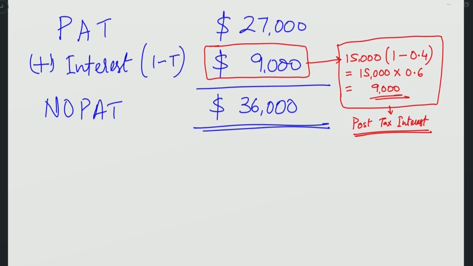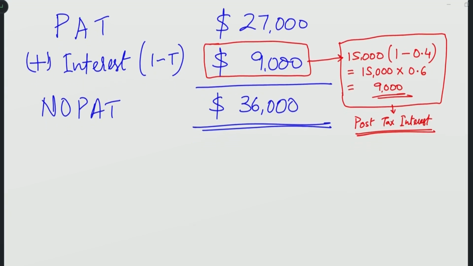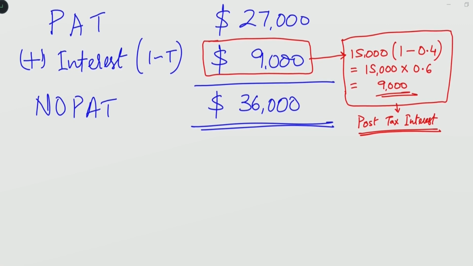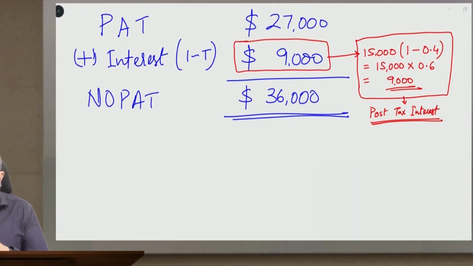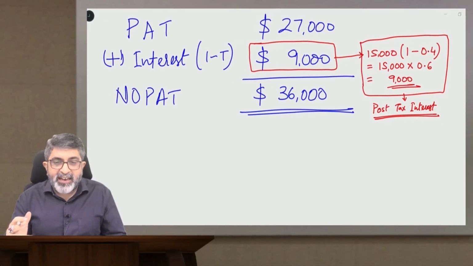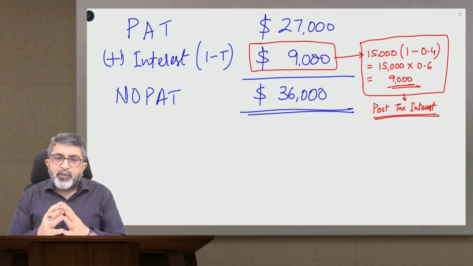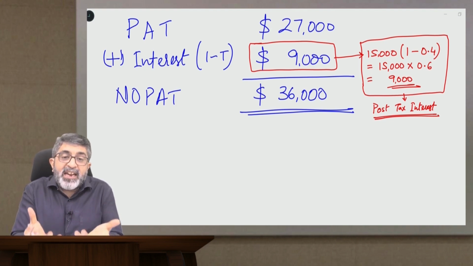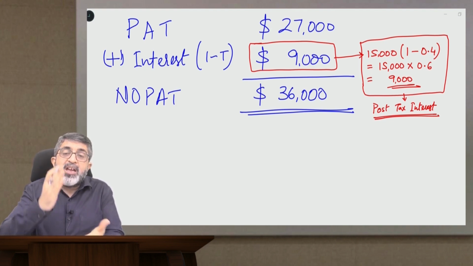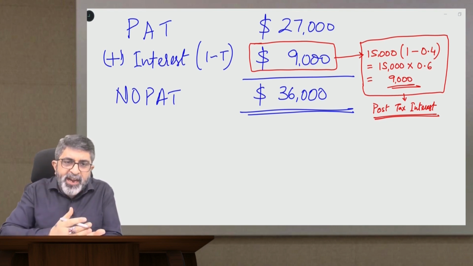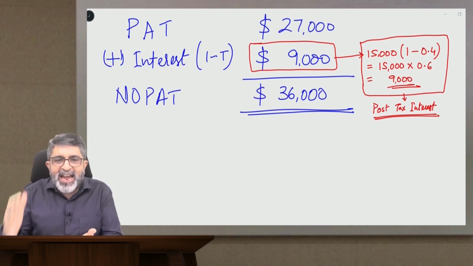As I said, students have doubt over here. Two typical questions: sir, why are we adding back this interest, and why are we considering this 1 minus tax effect? So let me bring forward that explanation. First of all, why are we adding interest? Because we want to arrive at net operating profit after tax.